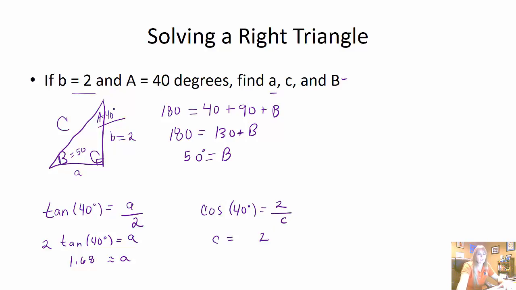So c equals 2 over cosine of 40 degrees, which is approximately 2.61. So we did it. We solved it. Good job, and we'll be back.